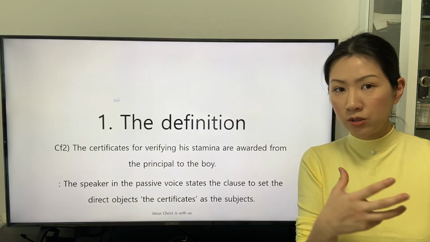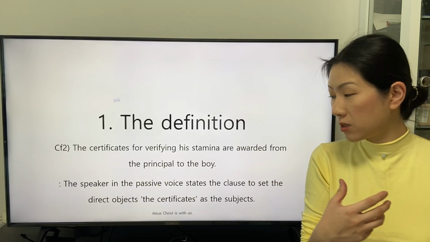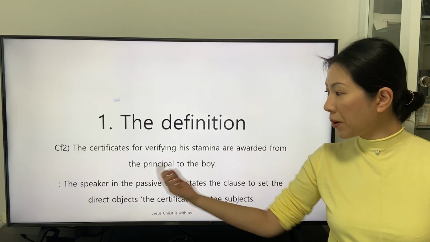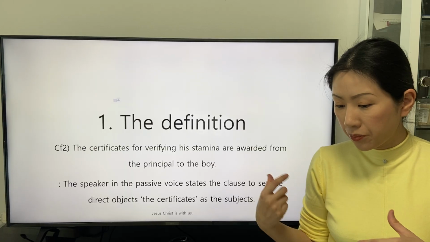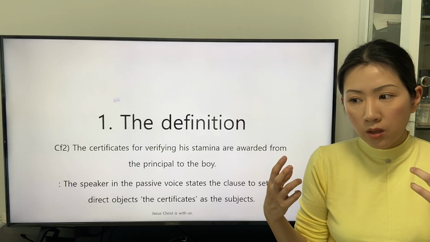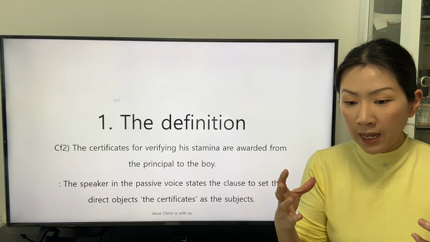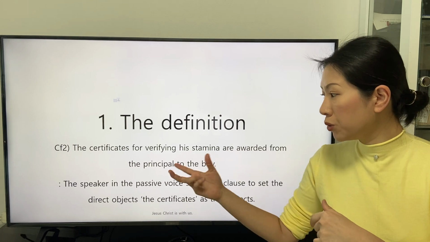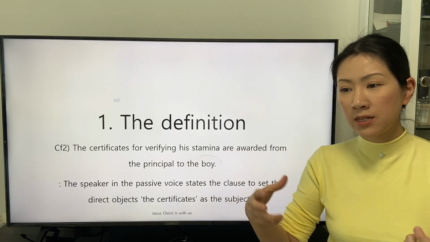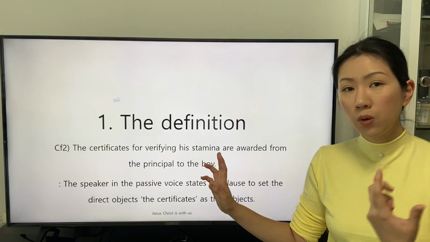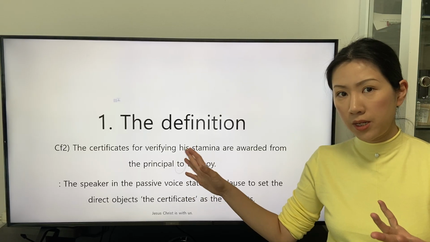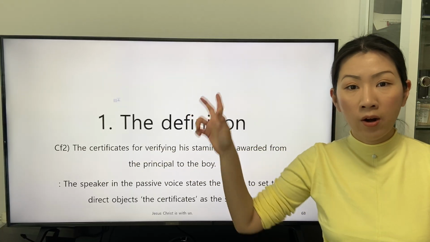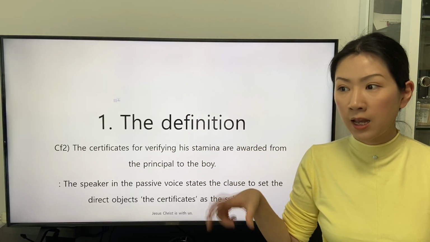So, the relationship with the subject, the principal, is stated with the preposition from, and the direct object and the definition of the transitive verb award are delivered to the indirect object as the final destination. So the preposition to is applied. We can understand the direct objects are in the midst of the subject and the indirect object.